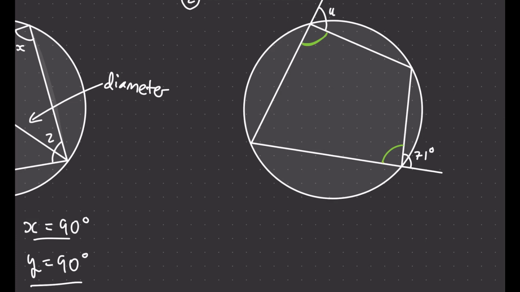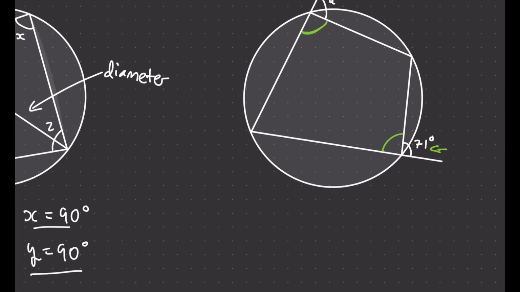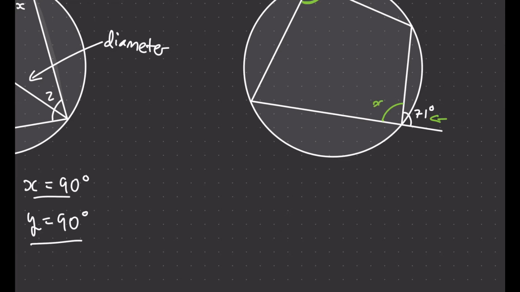We can find this by looking here, which is 71 degrees and it's angles on a straight line. So let's call this x. We have x plus 71 equals 180. So x equals 109.